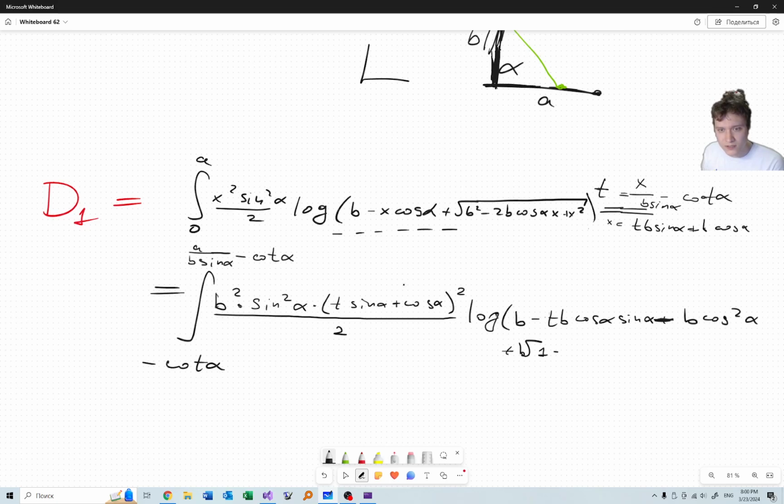So first of all 1 minus 2 cosine alpha times t sine alpha plus cosine alpha, and plus x squared, which is again t squared sine squared alpha plus 2t sine alpha cosine alpha plus cosine squared alpha.